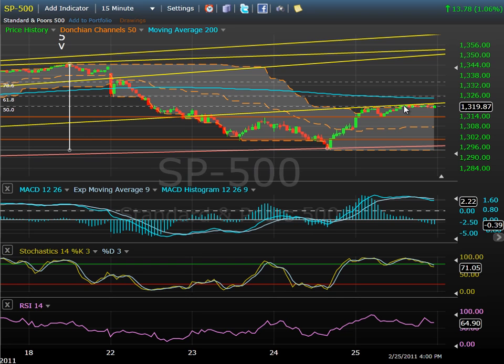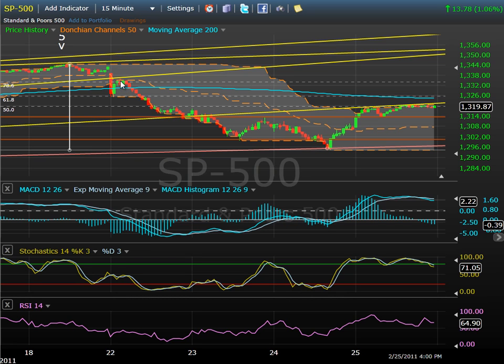Now, my ideal ending point for this, as I laid out in the prior video, was not this 50% retracement, although that has met a minimum guideline for a wave 2. It would be that we would move into the 61.8% Fibonacci right here, which also happens to be the bottom of this wave 1 down of 3, or perhaps as high as the 78.6% retracement, or even a little bit higher.